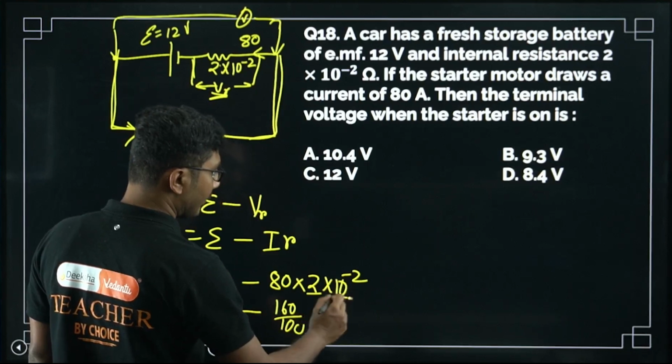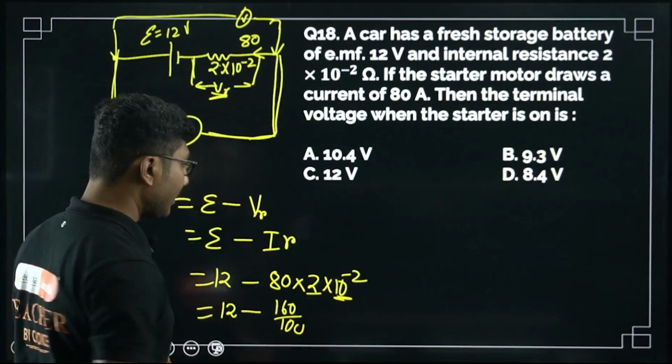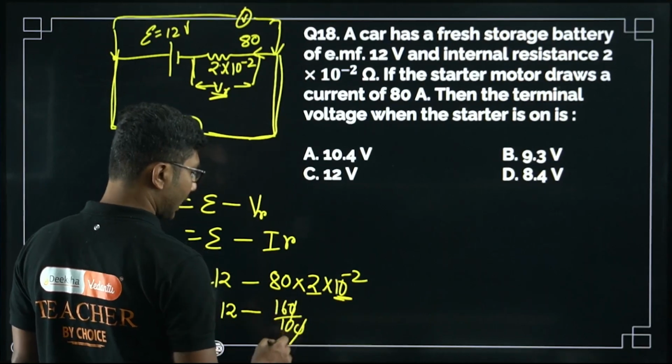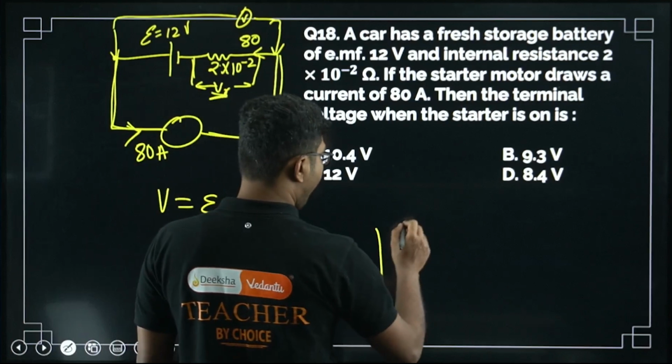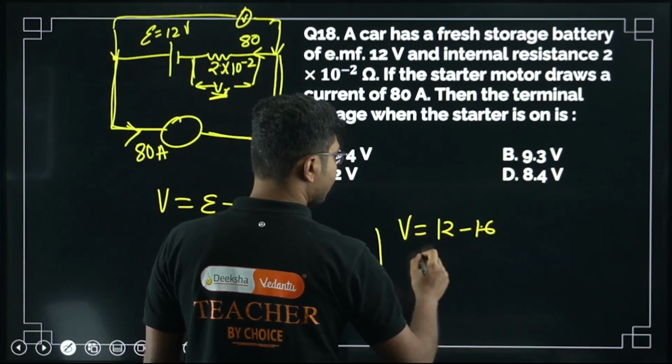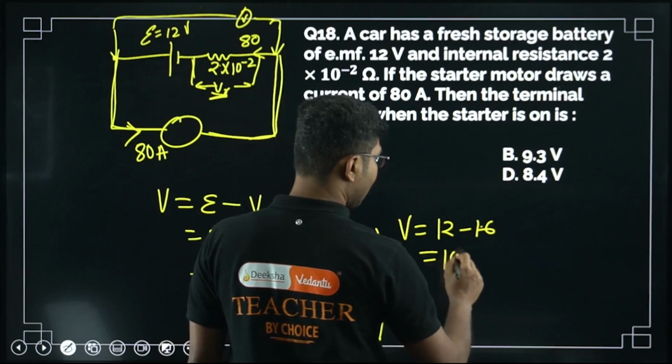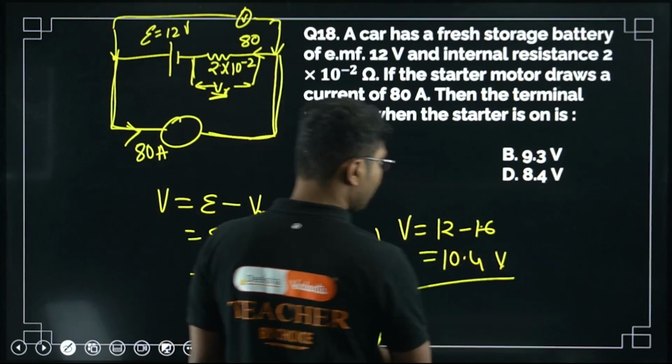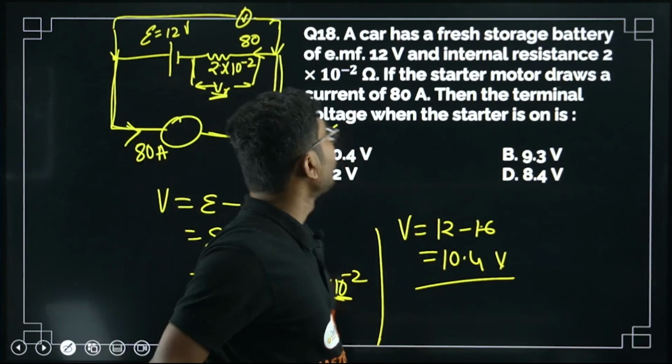Why 100? 10 to the power of minus 2 means divided by 100. So 0, 0 cancel. You will get V equal to 12 minus 1.6, that is 10.4 volt. So the answer is 10.4 volts.